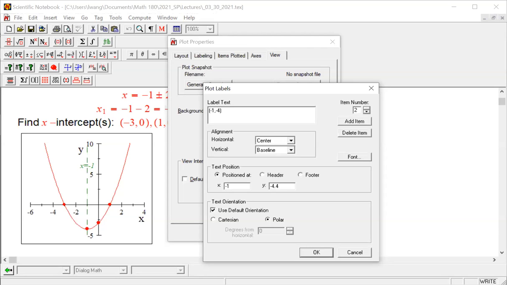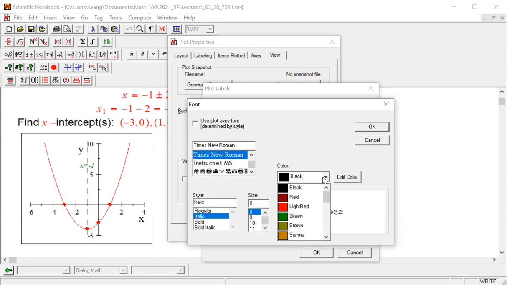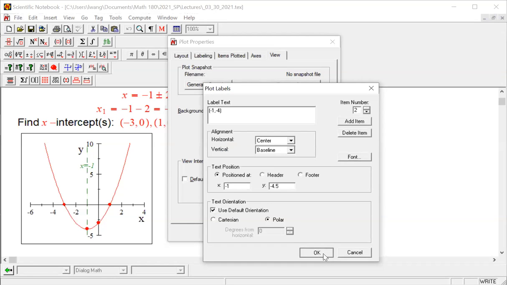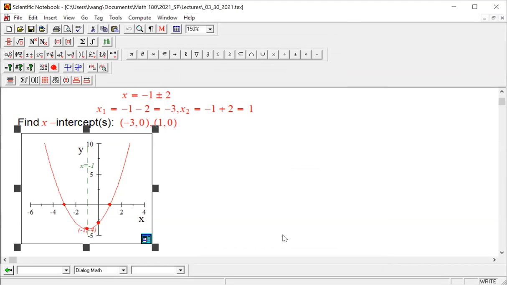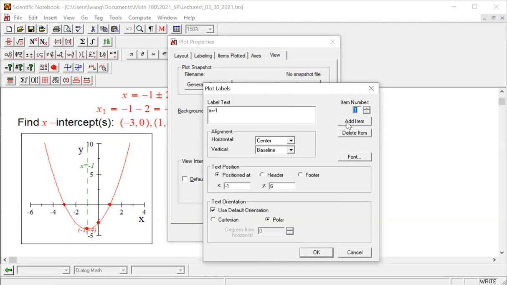Are you marking those, you guys? Mark each one of them.